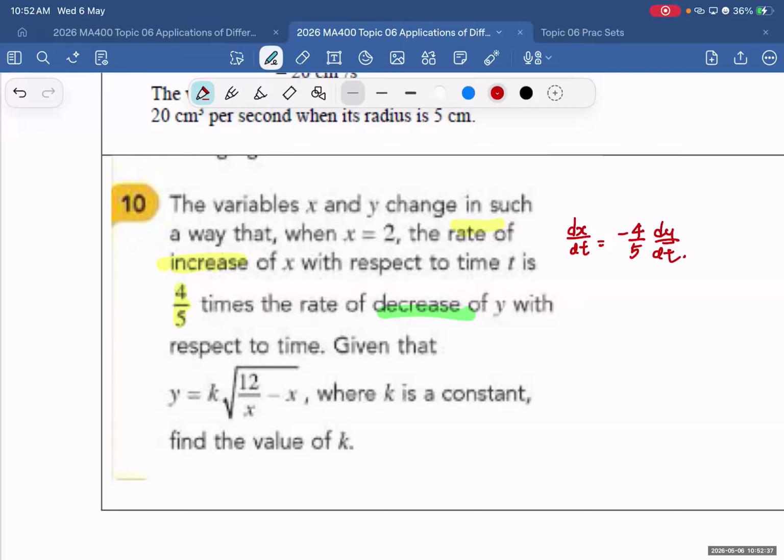Yes, yes, and then that means x minus y over x minus y is equals to 2 over 7.